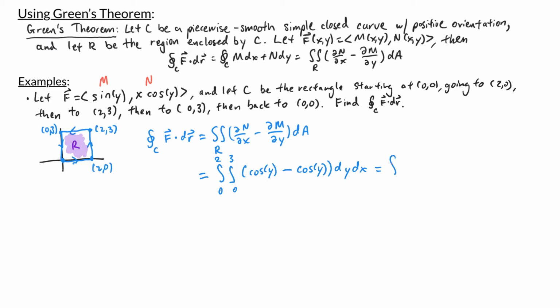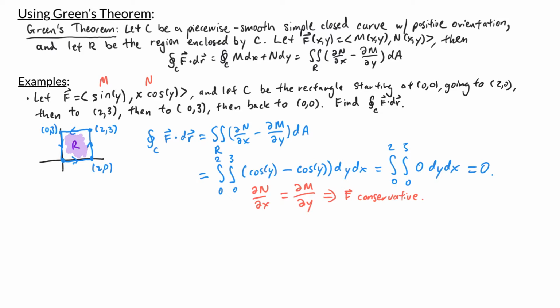And so this is just the integral from 0 to 3, from 0 to 2 of 0 dy dx, and that gives us 0. Now this answer should make sense because here the partial derivative of n with respect to x is the same as the partial derivative of m with respect to y, which tells me that f is conservative. And for conservative vector fields, the line integral over a closed curve is always 0.